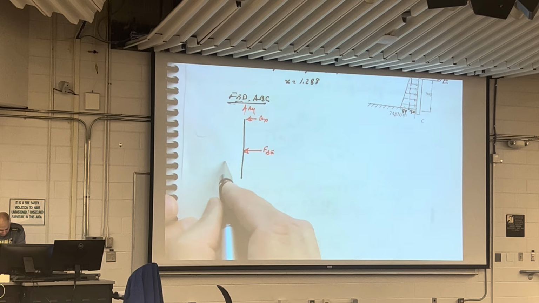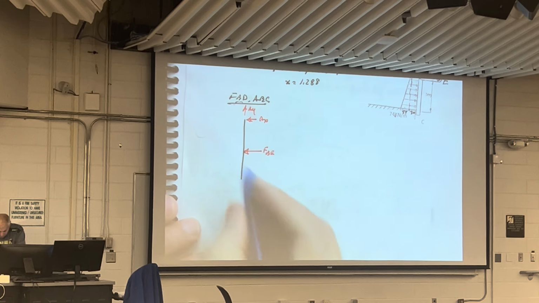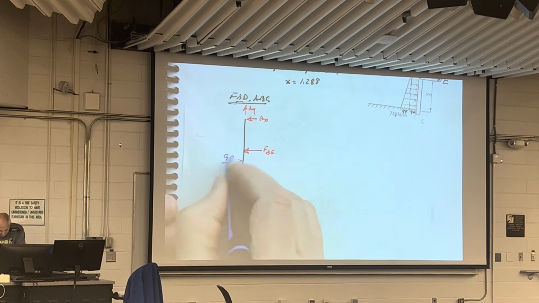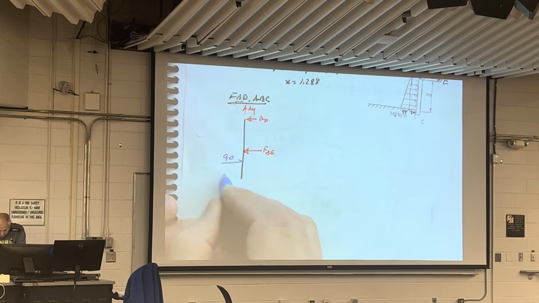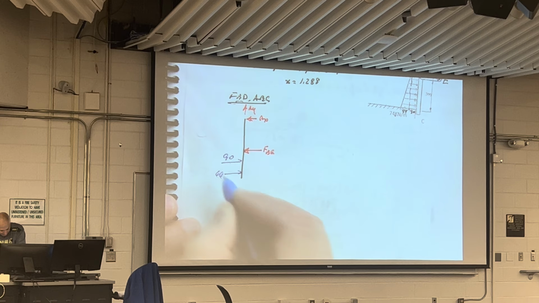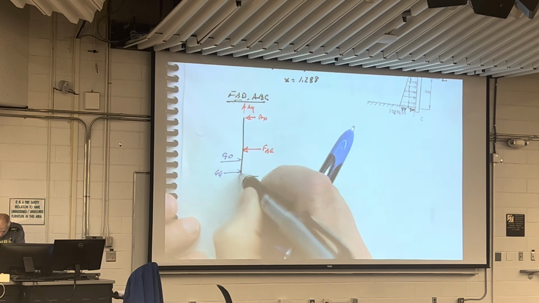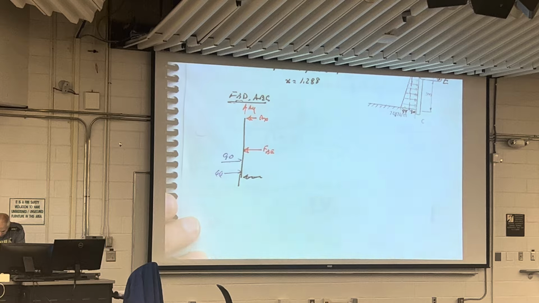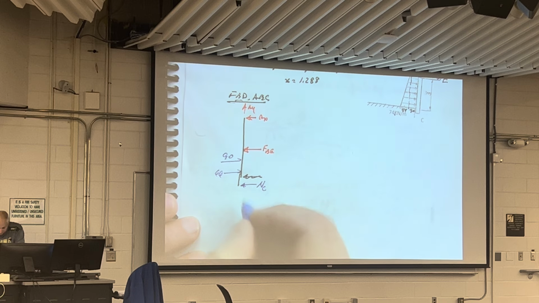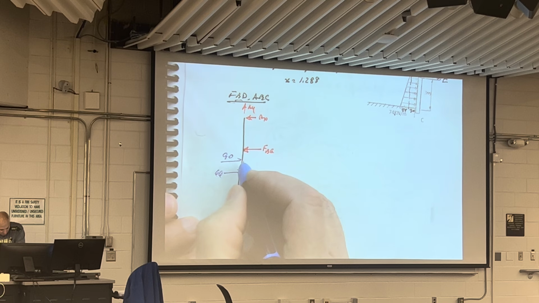I have a single force 90. I have a single force 66. And I have a normal force. Let me extend this out. I have a normal force NC. These are 1 foot away. This is 1.5 feet away.